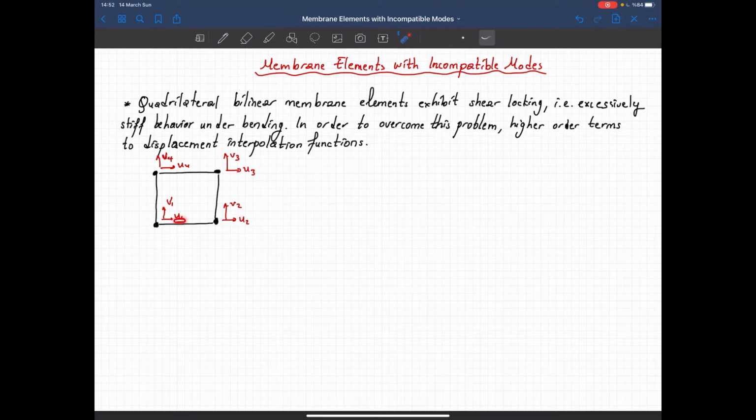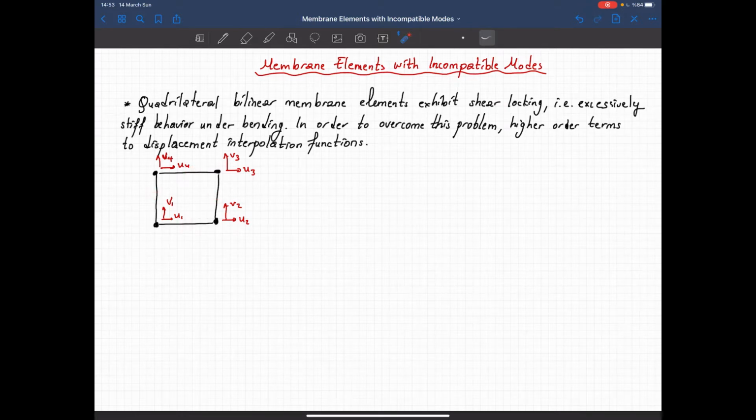And by using these 4 horizontal displacement values, I can only define a bilinear shape function.